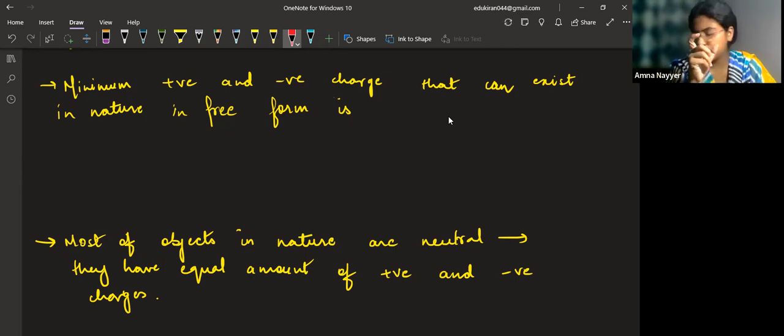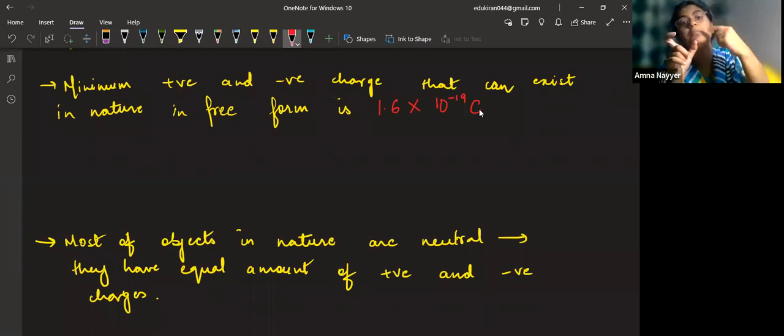If the value is below 1.6 into 10 to the power minus 19 coulombs, there is no existence of charge. Charges start their value from this only. The charges begin their existence from this term only. It means one electron will have this much charge. Minimum one electron, only a single electron.